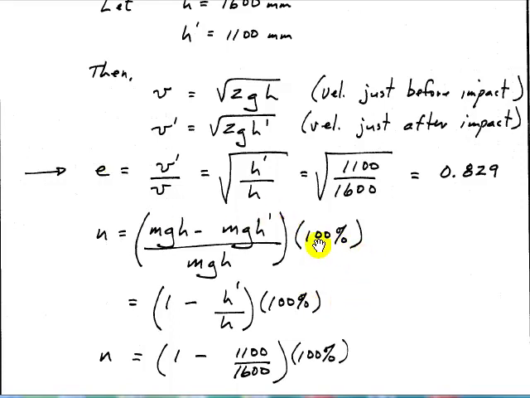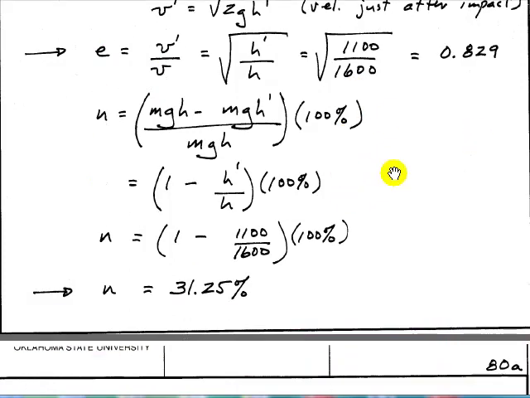Then to calculate the percentage of energy lost, and we clearly lost some, it might be tempting to say that this is about a 0.83, so we lost about a 0.17 energy, but this is not an energy equation, this is a velocity equation. So we actually have to calculate energy carefully. Okay, the energy that we started with was the ball at the height mgh. The energy that we ended up with was the ball at a lower height.